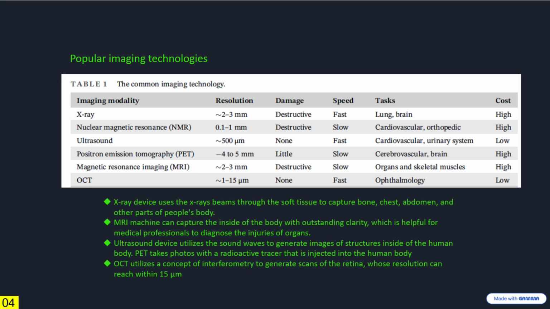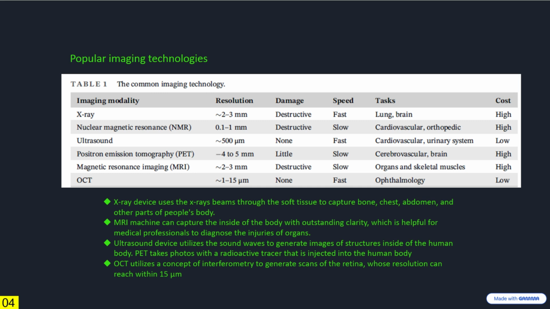Among all these imaging techniques, we can see that OCT has quite good resolution, even though it is not as deep as the other imaging techniques, but its damage is none, so it doesn't affect our tissues or organs, the speed is quite fast, and the cost is very low compared to other techniques.